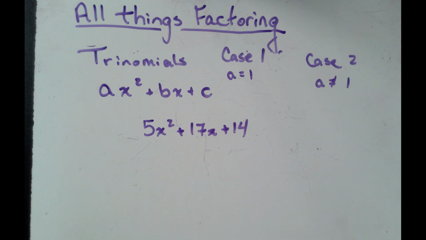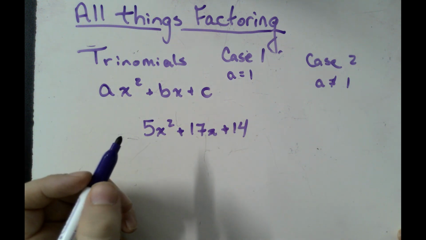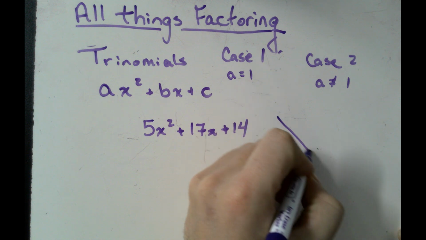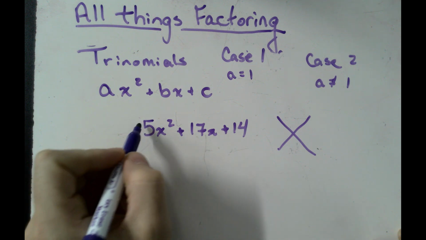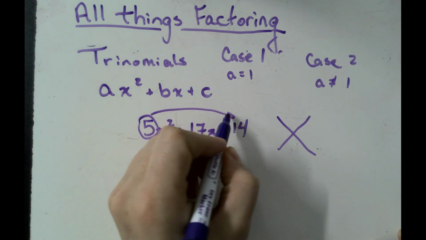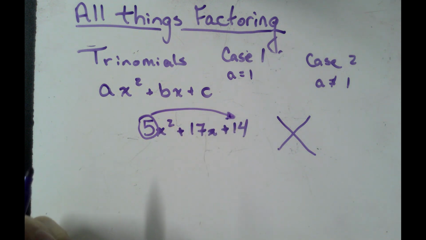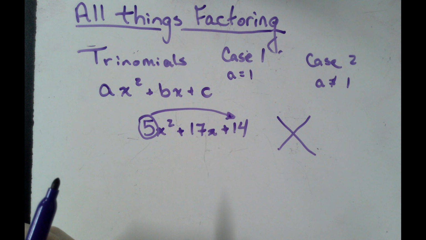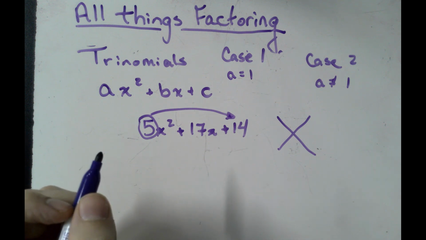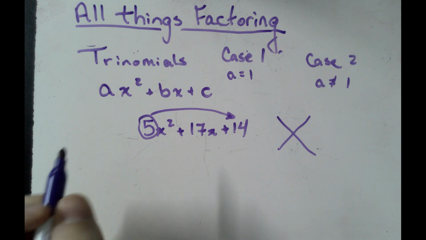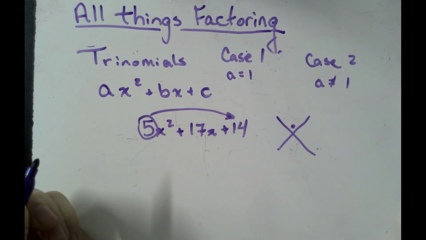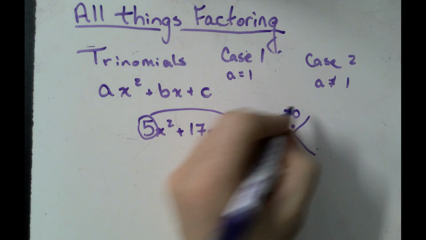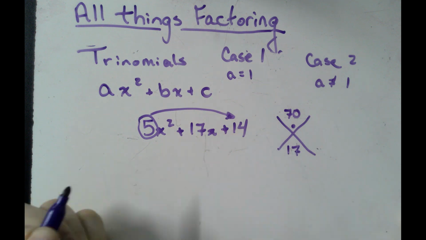So what I would do in this instance, you can start with the x factor again, but a lot of times we don't like this number in front, so we will multiply 5 times 14. That's going to give me the number I'm trying to multiply to from before. So 5 times 14 is, let's see, 20, and so 70. And then 17 is going to be the number we add.